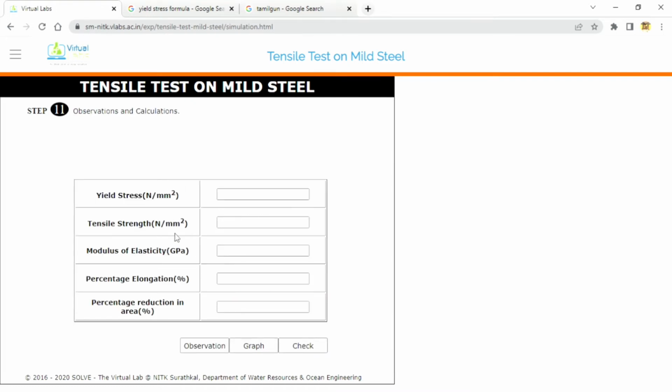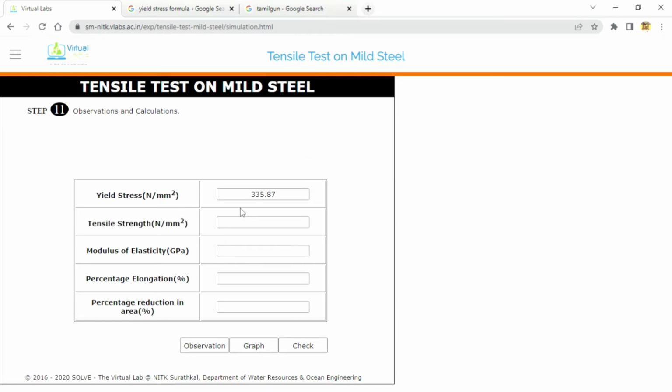There are 5 calculations that we have to do, which are yield stress, tensile strength, modulus of elasticity, percentage of elongation, and lastly percentage reduction in area. For the first calculation, the formula is yield point over original area, which is 41,000 divided by 122.07, which we will get 335.87 N/mm².